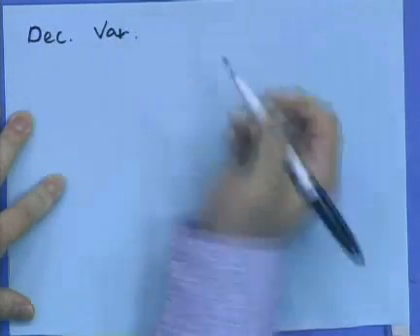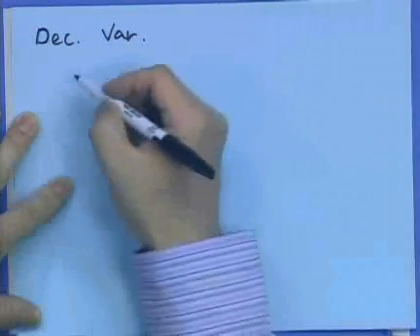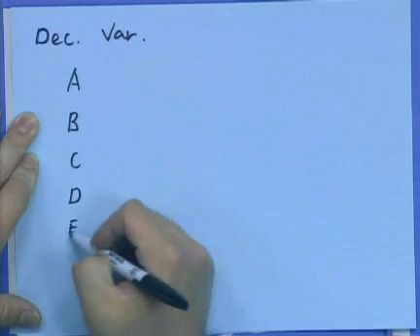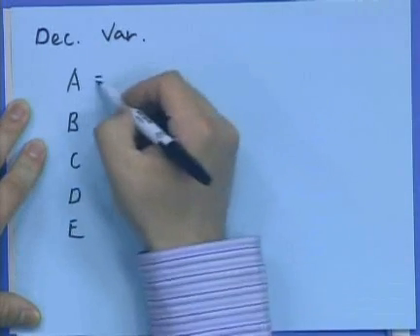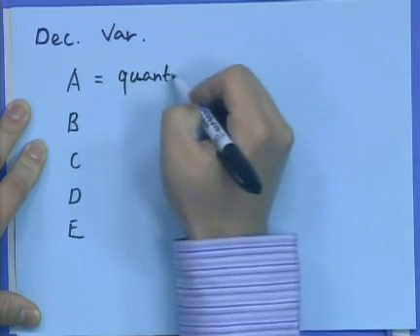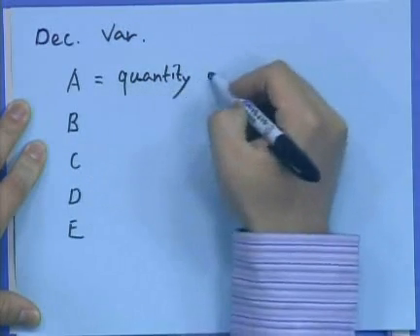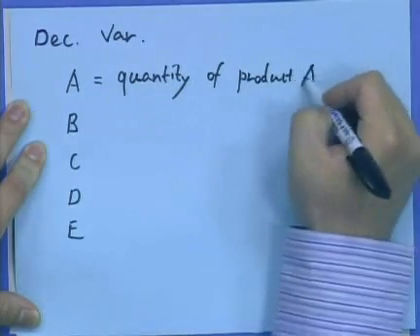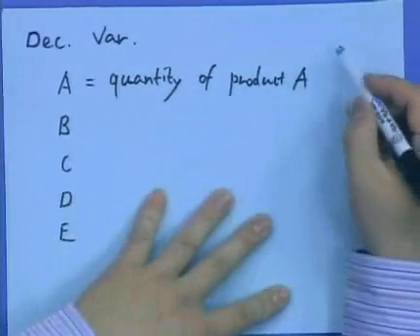Let's say A, B, C, D, and E. Those are the quantities of product A to be produced.